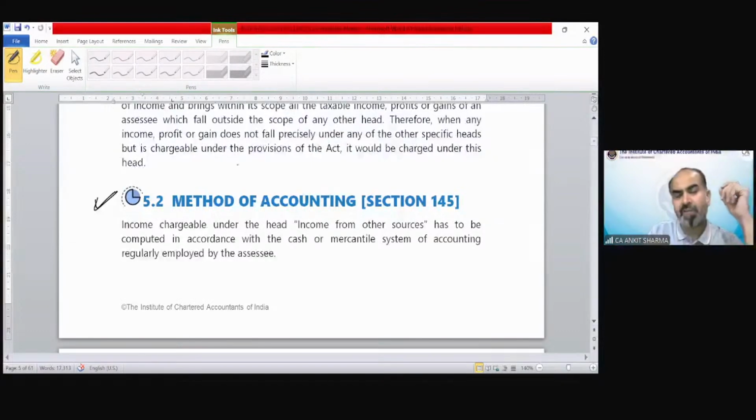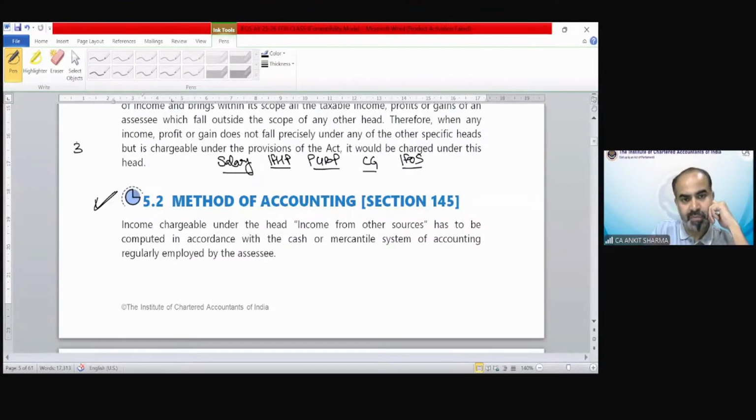So we have 5 heads of income: income under the head salary, income from house property, income under the head PGBP, income under the head capital gain, and income from other sources.